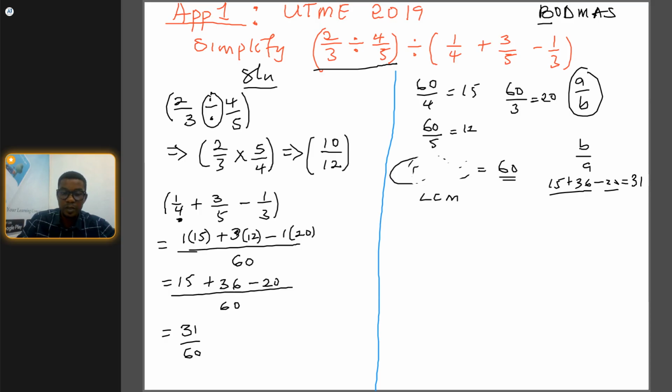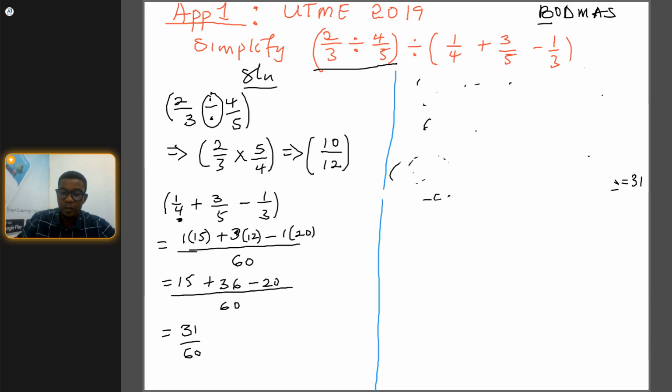So we'll proceed to consider the two brackets now. We've simplified those brackets individually. Now we'll bring them together so we can get the final response for that simplification. Permit me to rub this side so we can continue on this page. All right.